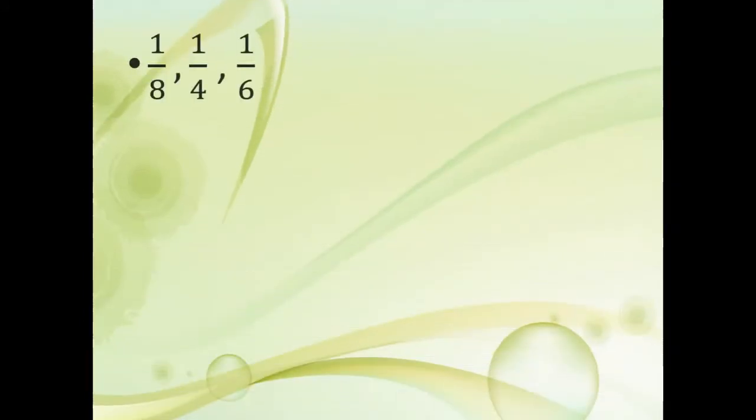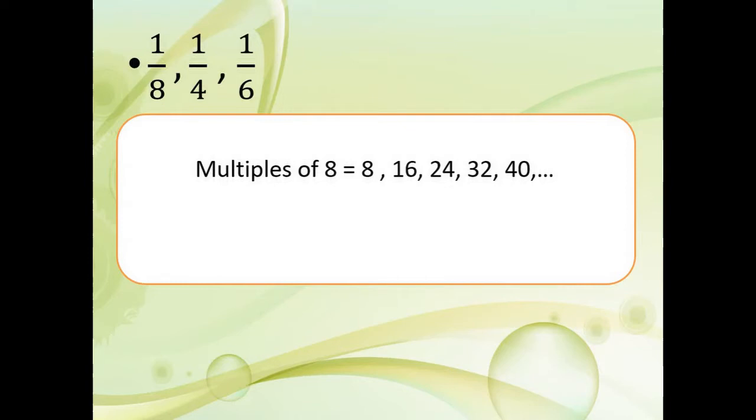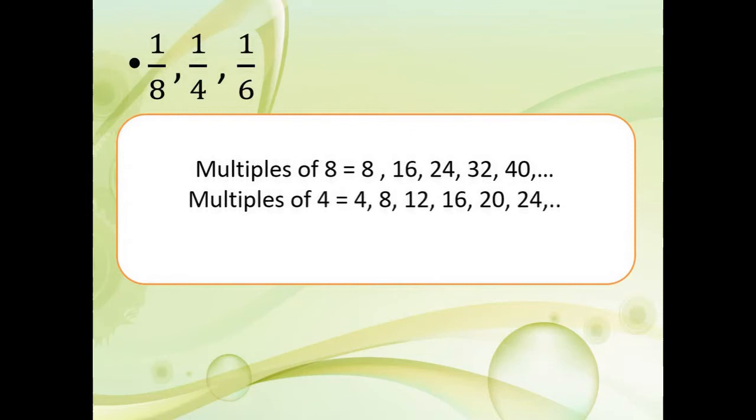For 1/8, 1/4, and 1/6, let us first find the multiples of 8. The multiples of 8 are 8, 16, 24, 32, and 40. The multiples of 4 are 4, 8, 12, 16, 20, and 24.